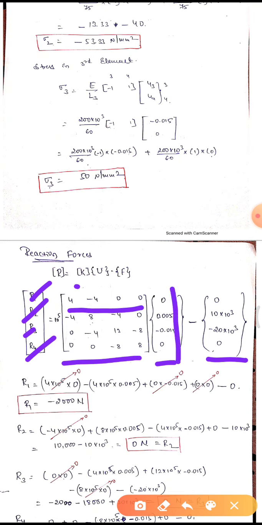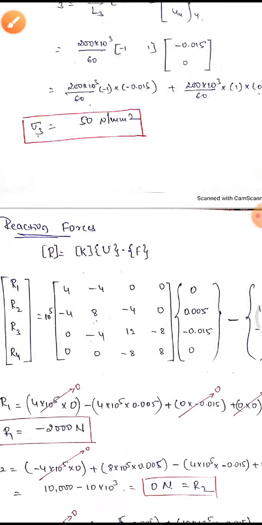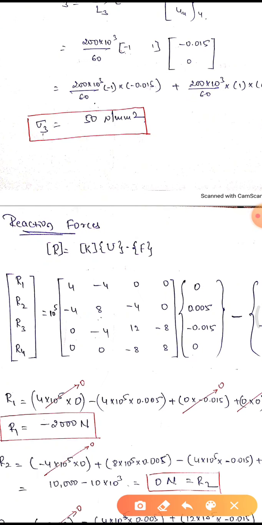Once we have written this, next you multiply this row and this column. You have 4 into 10 raised to 5 into 0, as I have written here.